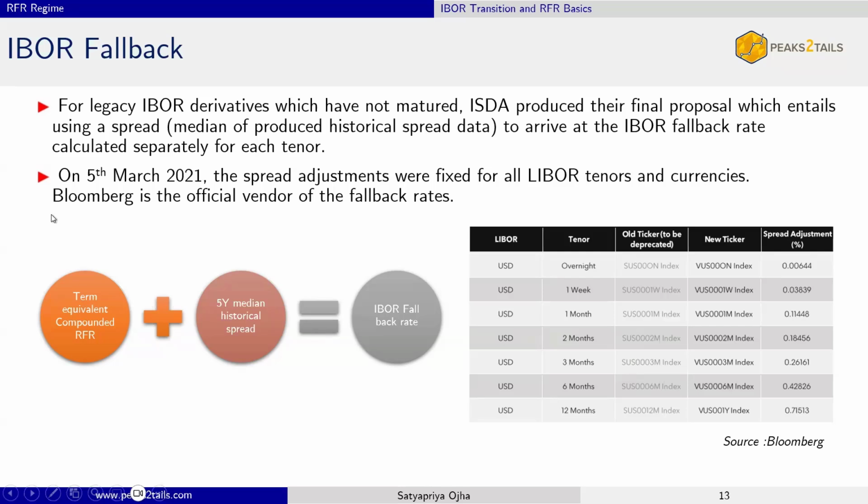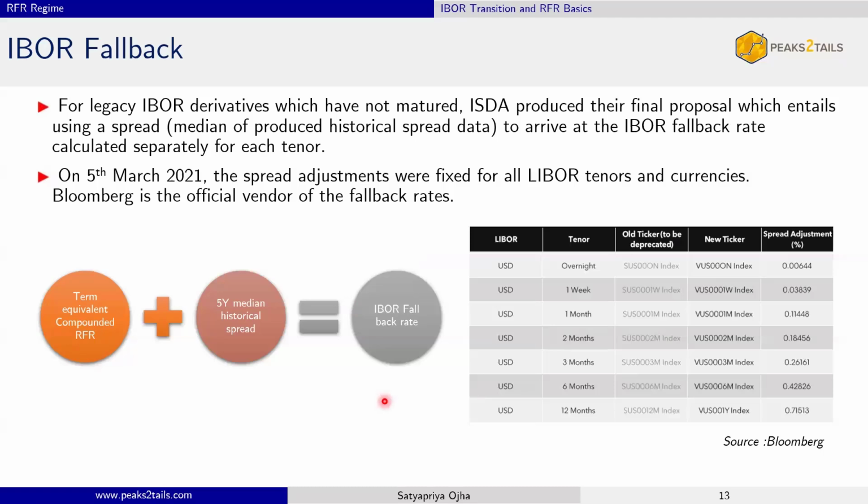And that is captured, which we will be able to use as a top-up or add-on onto the equivalent SOFR term rate, add that top-up or the spread, which ISDA published. Bloomberg is the official vendor which publishes the fallback rates. Just add that and infer the LIBOR rate.